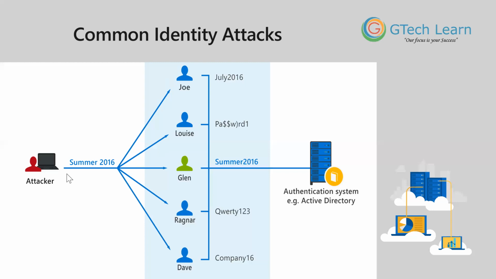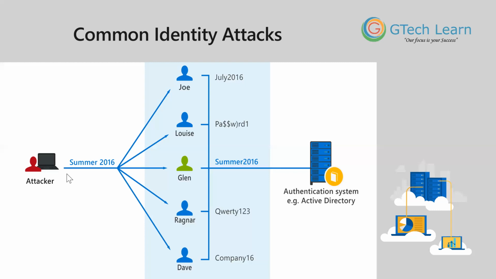There are many common identity attacks, one of which is the password-based attack. It means the attacker has a tool that automatically generates passwords based on your date of birth, your mobile number, your surname. It gives hundreds of passwords according to your personal data.